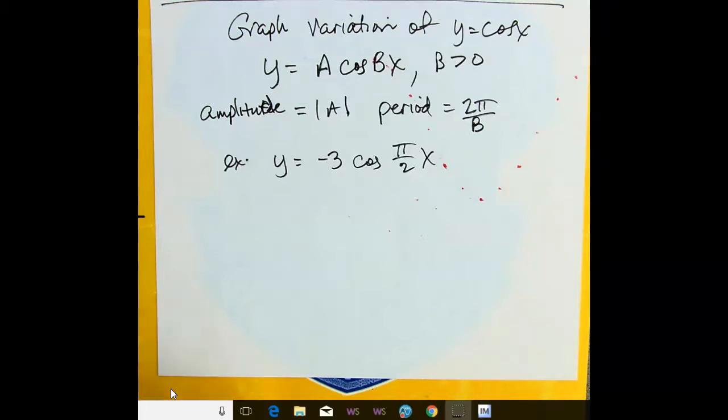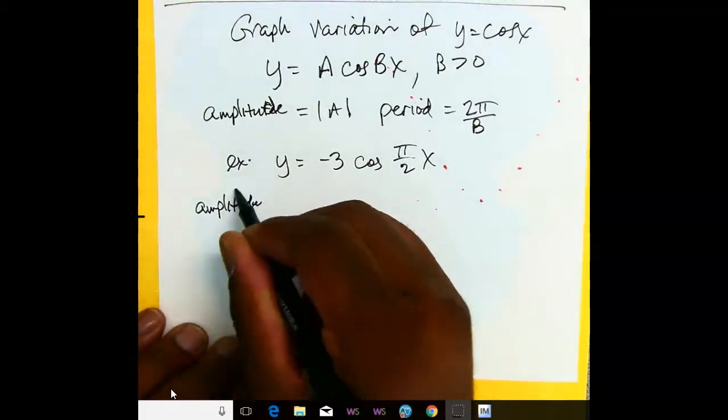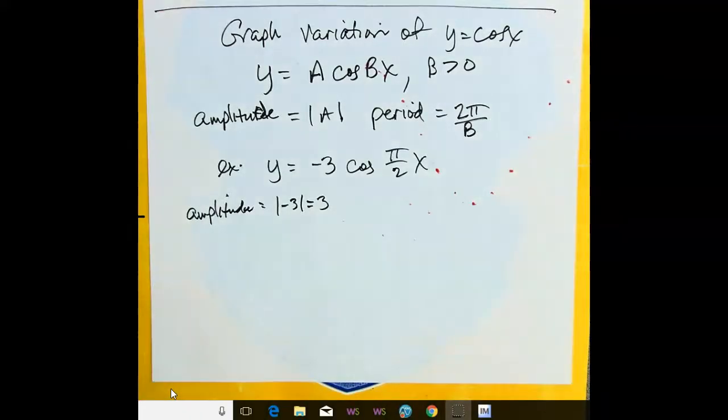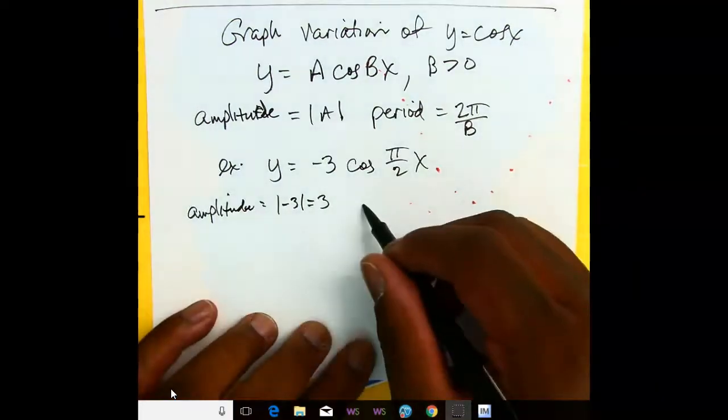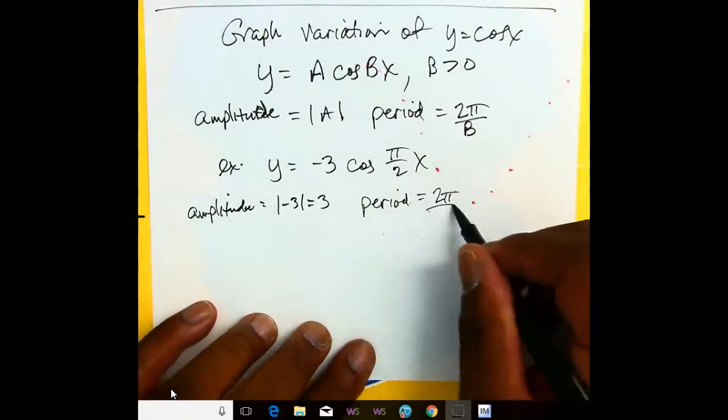What's our amplitude? So our amplitude is 3. That means you're going to have a maximum value at 3 and a minimum value at negative 3. How about our period? Period is 2 pi over b.